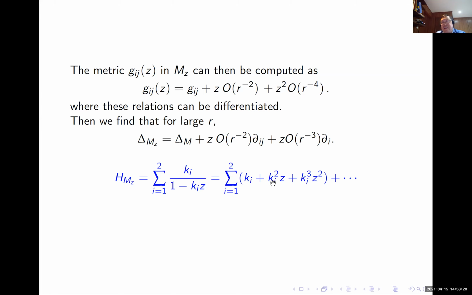The first term is the mean curvature, and the second term is the second fundamental form, and so on. The important thing is that the third term disappears because k1 plus k2 equals 0.